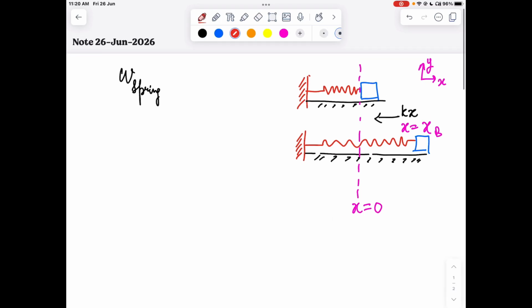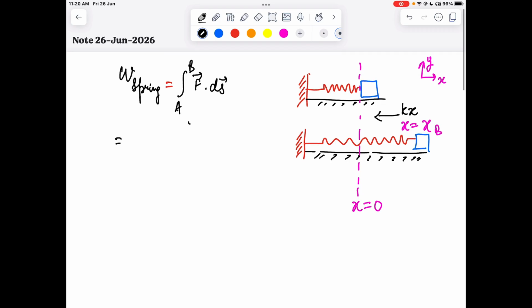Now the work done by the spring force would be the integral of A to B, F vector dot ds vector. Now that would be kx, and then we would say minus i cap, dot dx i cap plus dy j cap.